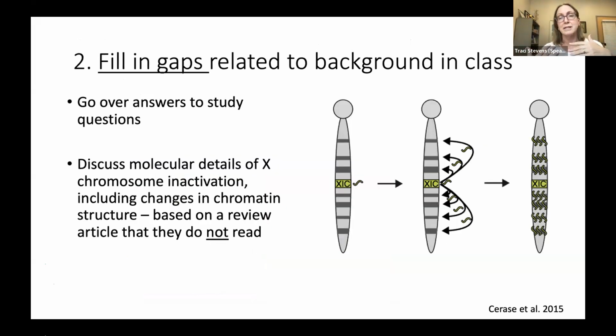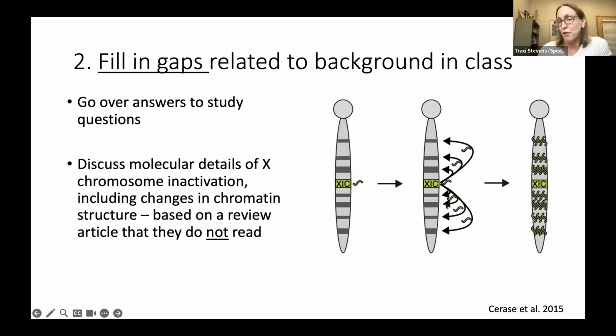Then when they come to class, this is when I fill in some of those gaps. We start by just going over the study questions to make sure everyone understands the basics of X chromosome inactivation. And then I get into a lot more detail, especially about the molecular details involved. This part of the discussion is based on a review article that is way too in-depth for the students, which is why I don't discuss it.